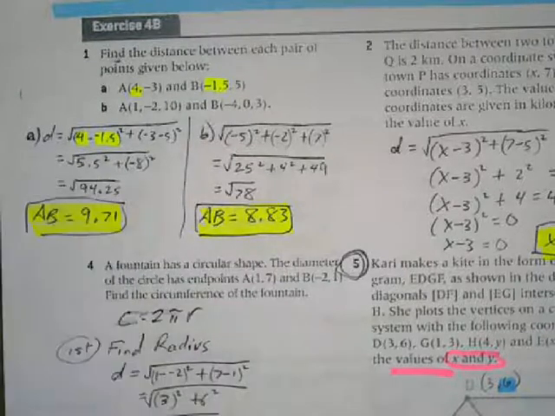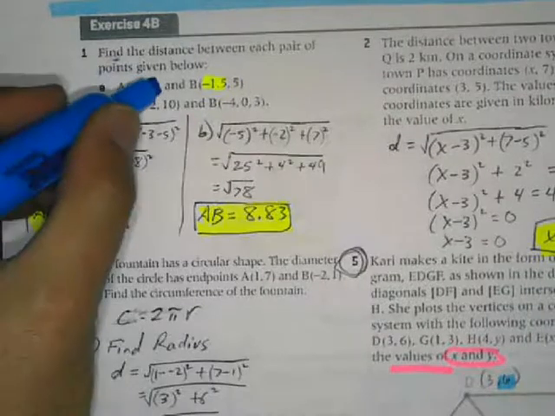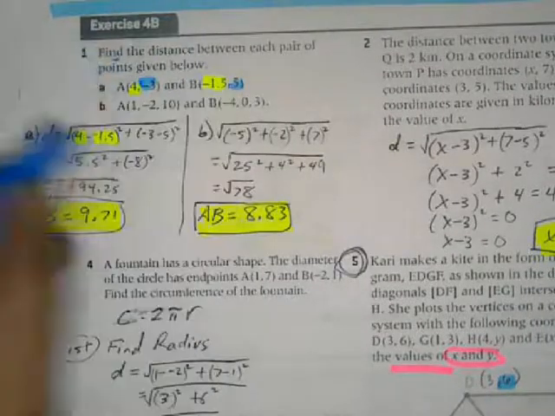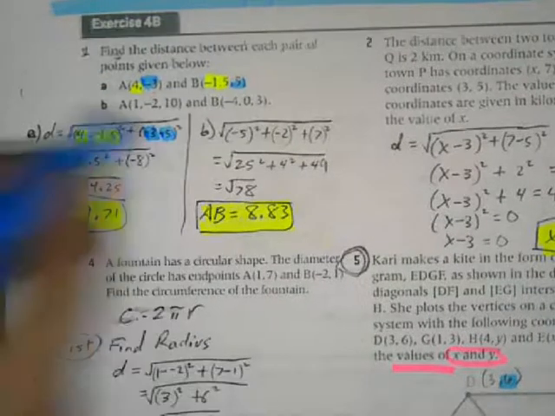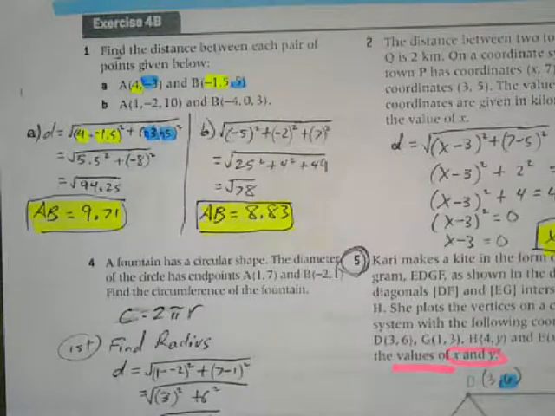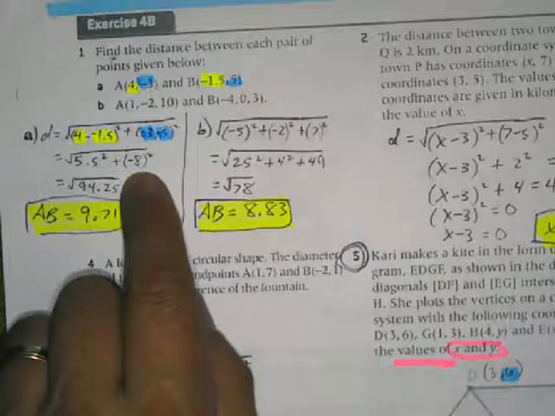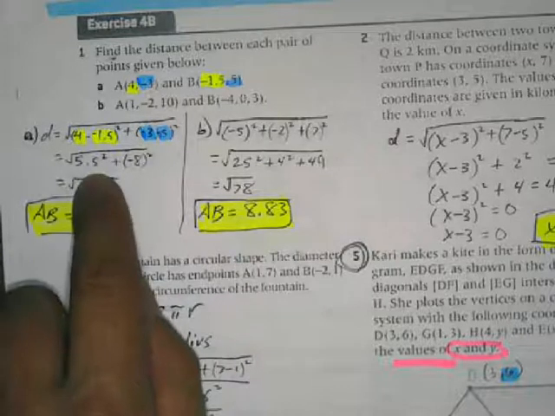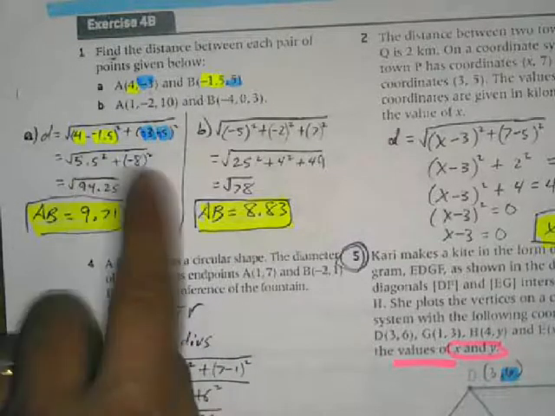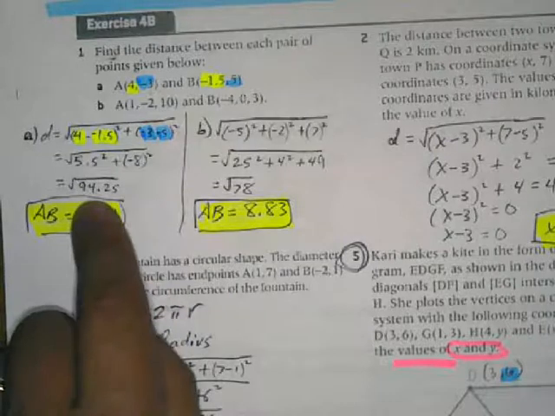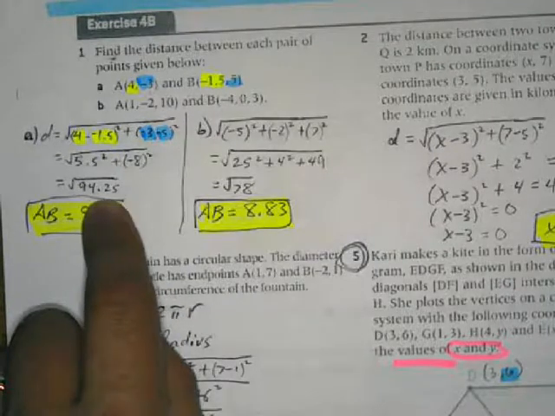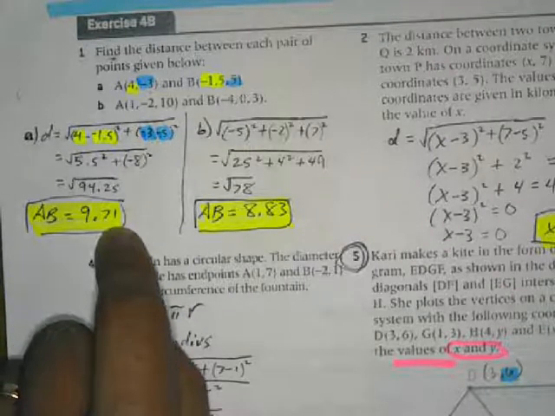We have 5.5 squared. Negative 3 minus 5 is going to give me negative 8 squared. So negative 8 squared is 64, and 5.5 squared is a number, and add that to 64, and we get 94.25, and take the square root of that, we get this.